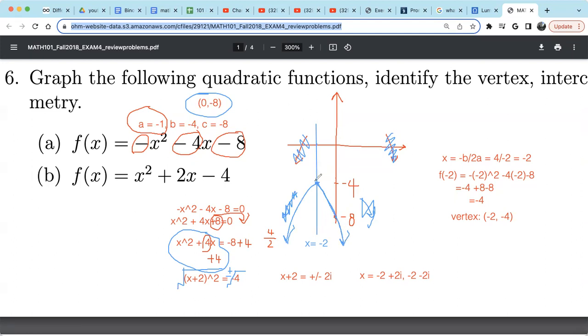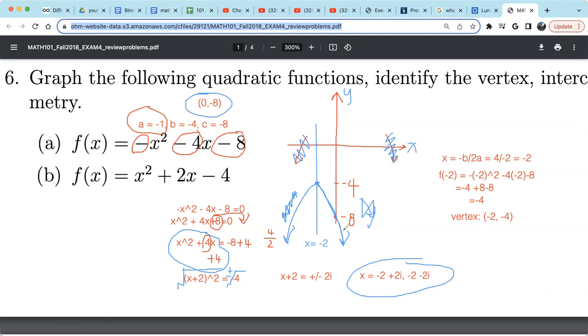You see this graph doesn't cross the x-axis, because our x-axis is here. This is our y-axis. Whenever we have complex solutions, the graph of the function goes away from the x-axis, because the solution is complex. It's not a real solution. If it were real solutions, it would cross the x-axis.